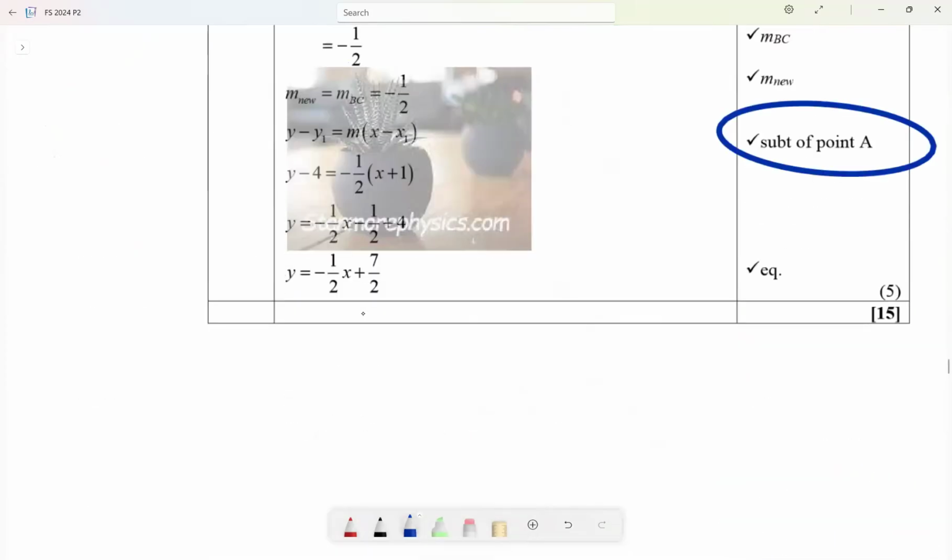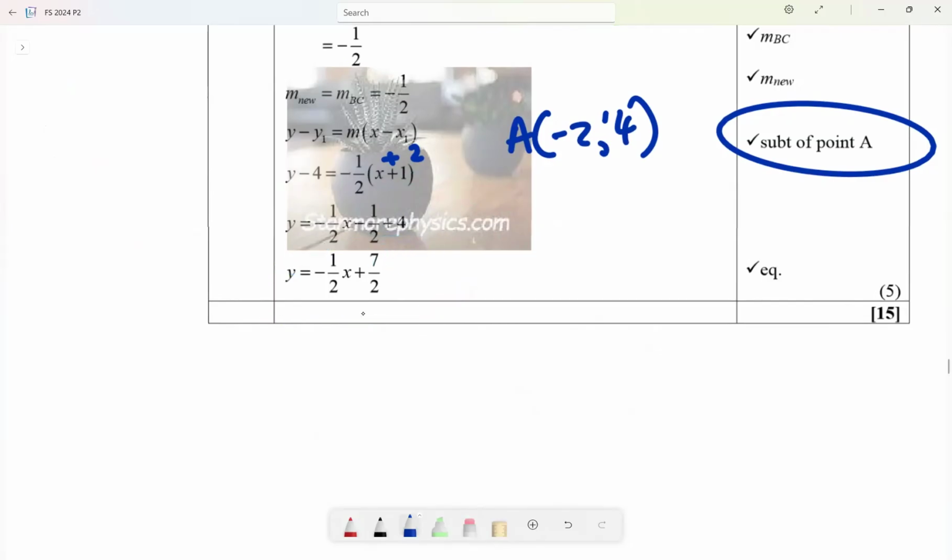But check what they substituted for X. Remember the point of A is -2 and 4. The Y, remember, is the Y1 in the formula, 4. But can you see now, instead of saying +2 here, which is -2 forming +2, they said +1? So that is an error you should look out for when looking at the memo.